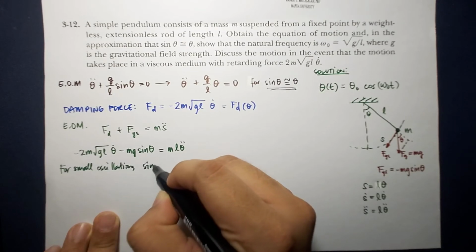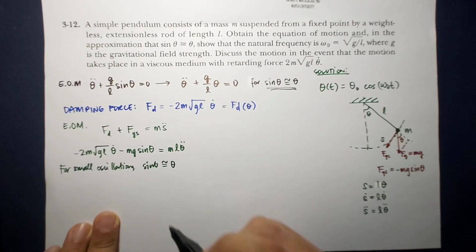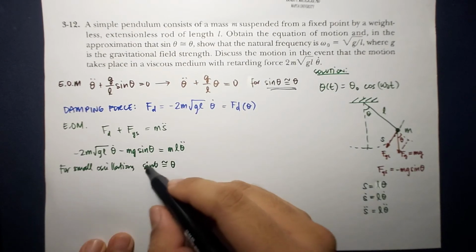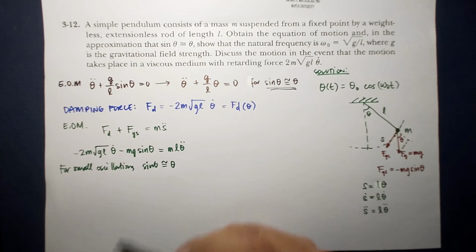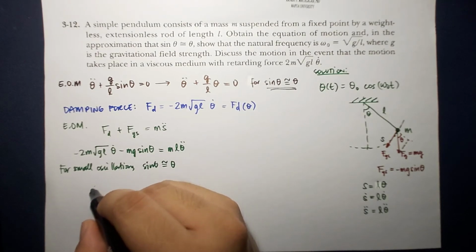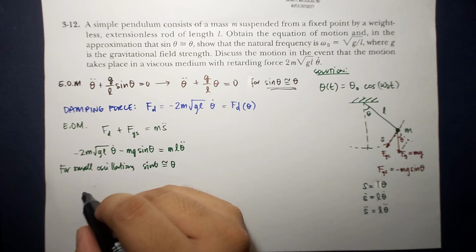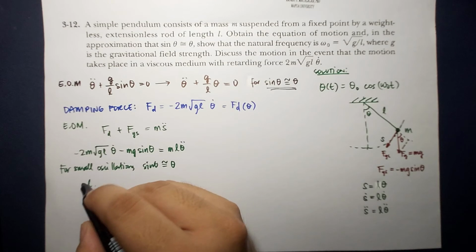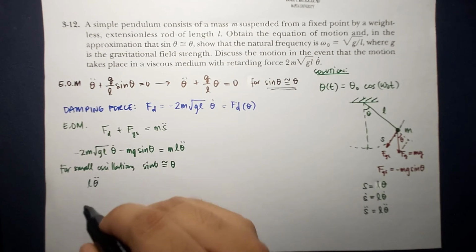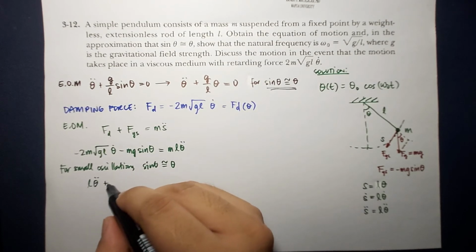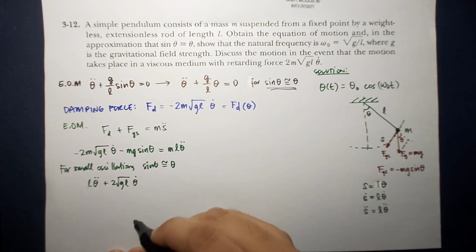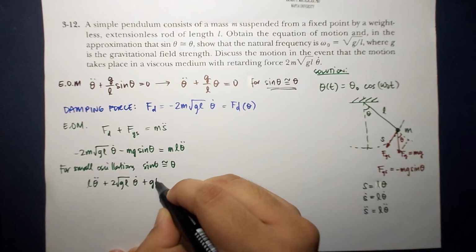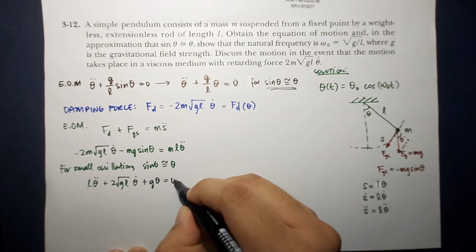But for small oscillations, where sine theta is approximately equal to theta, we now have L theta double dot plus 2 square root of gL theta dot plus g theta equals 0.